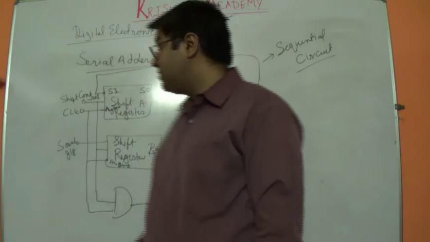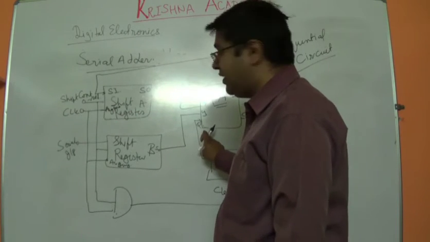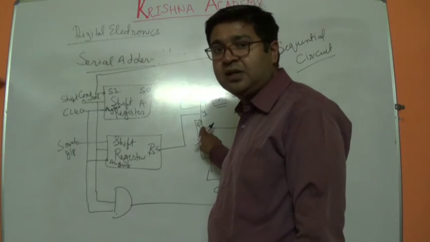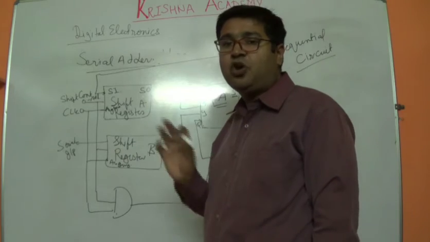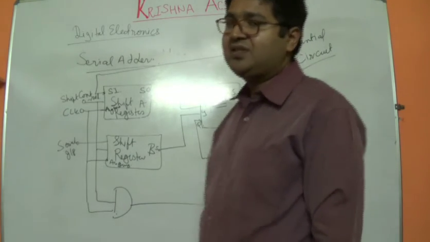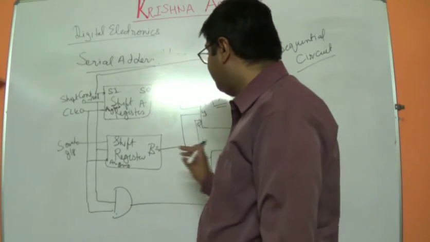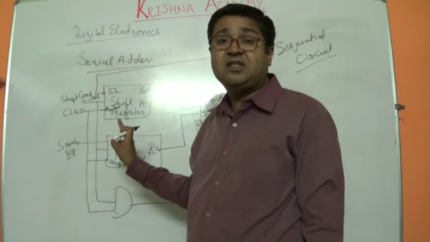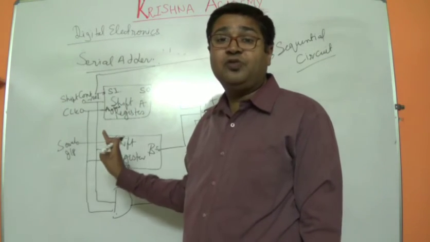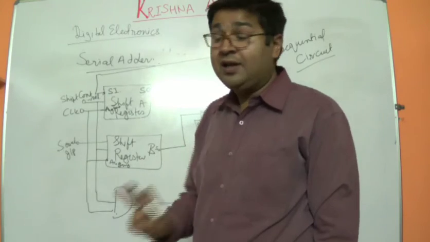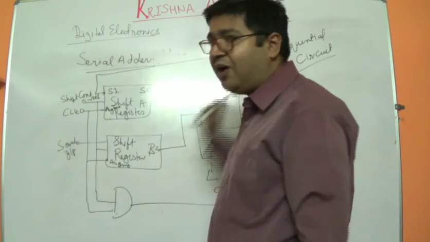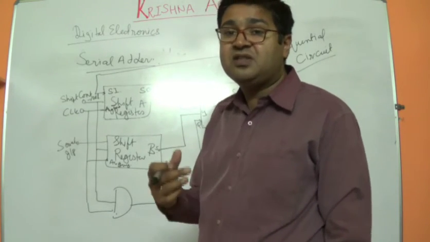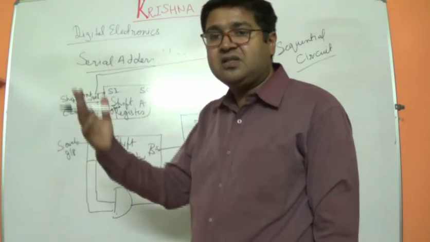Earlier we discussed that the difference between combinational circuit and sequential circuit is quite significant. And what is that? In a combinational circuit, the output depends on the present state only, but in a sequential circuit the output depends on the previous stages as well and the next stage as well.